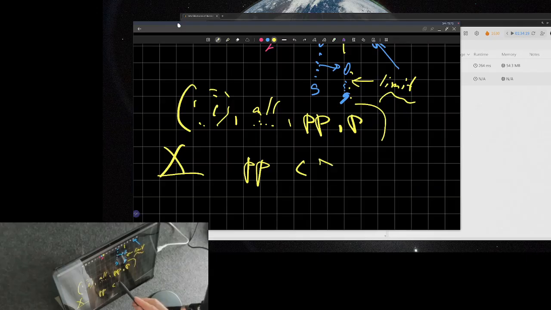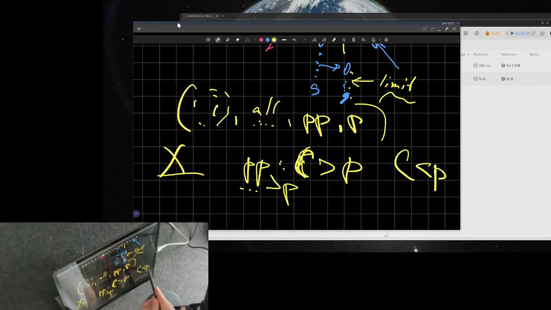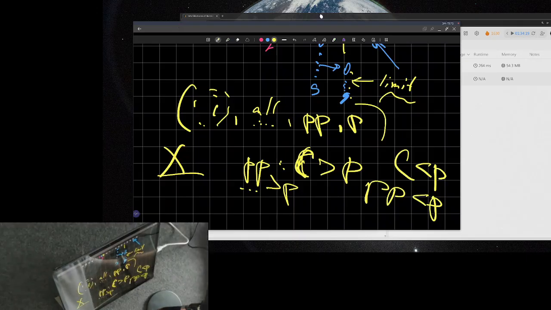Current is bigger than previous, and previous is bigger than the one before it, like this, or current is less than previous, and previous is less than the one before it. This is a hill and valley. This is yesterday's problem.